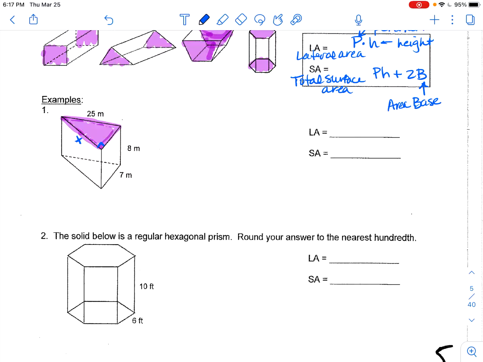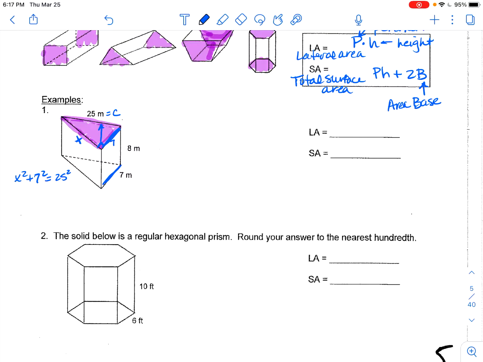Since this is a right triangle, we can use the Pythagorean theorem. So x squared plus 7 squared is equal to 25 squared. That's across the box. This is our hypotenuse, our C value.